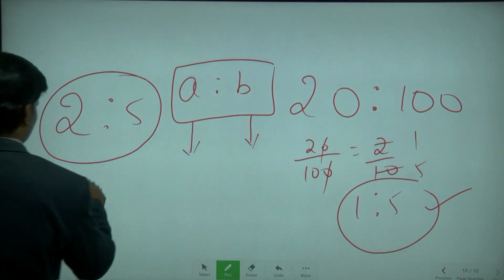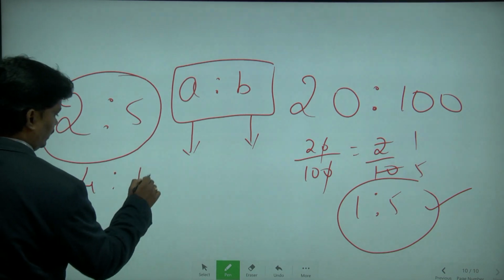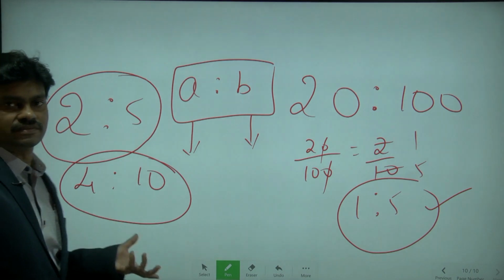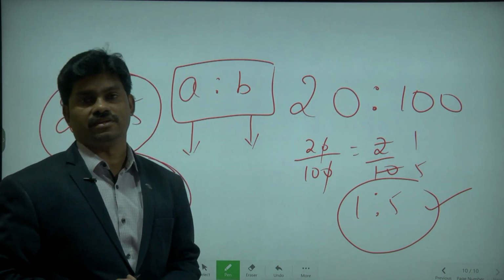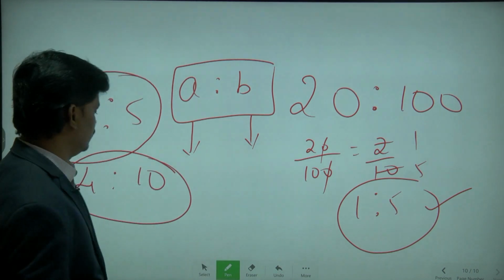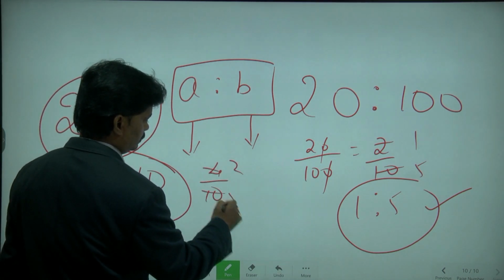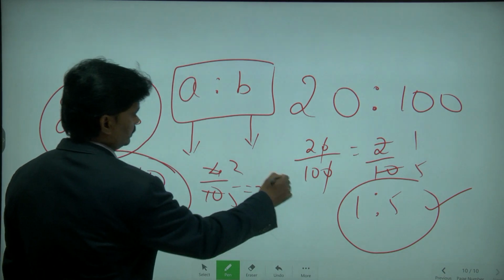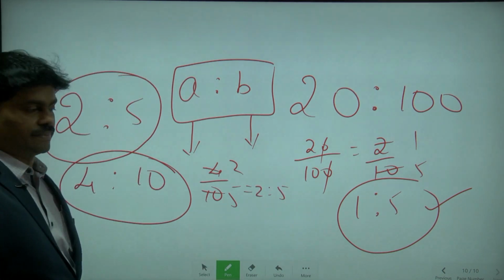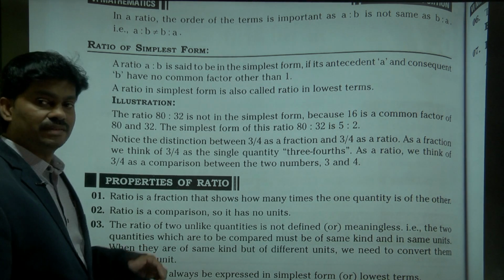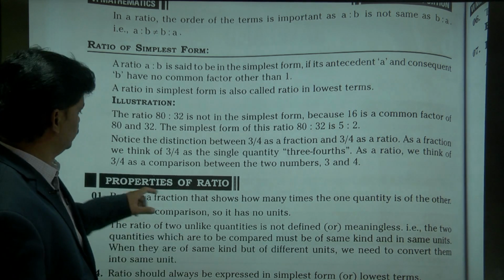Same, I will take 4 is to 10. That is not in simplest form, not in lowest terms. So we have to cancel the common factor. We got 2 is to 5. 2 is to 5 is the simplest form of 4 is to 10, and both are equal ratios again.